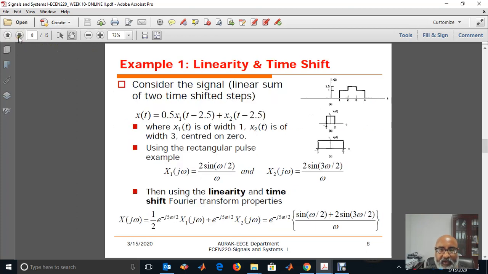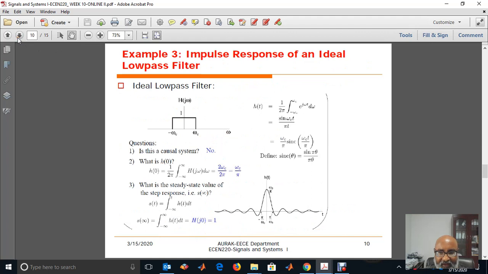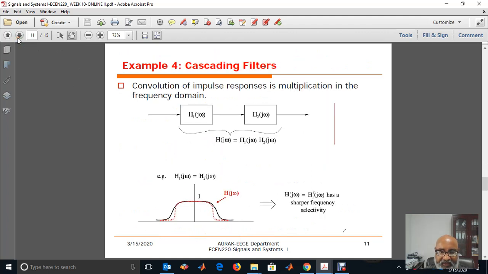And you can go through this example. This example shows the linearity and time shift property. And the derivative and the integration property also, we discussed. The low pass filter, we discussed.